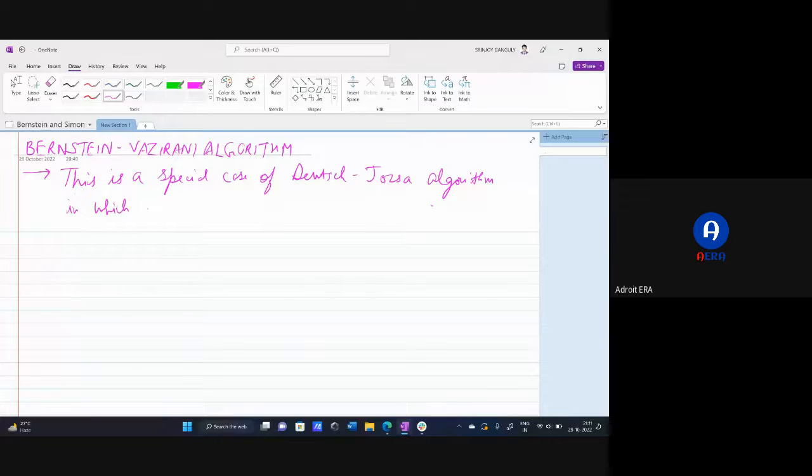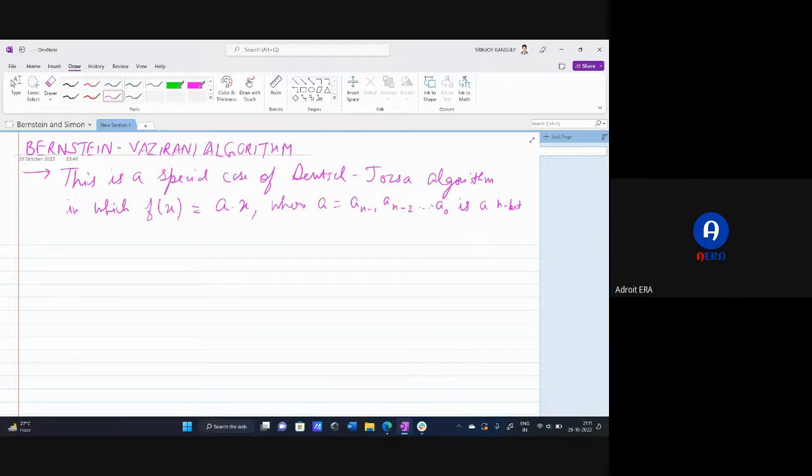Now we are going to derive a special case of Deutsch Jozsa in which f(x) is linear, basically a dot x, where a is equal to a_{n-1}, a_{n-2}, and so on up to a_0.